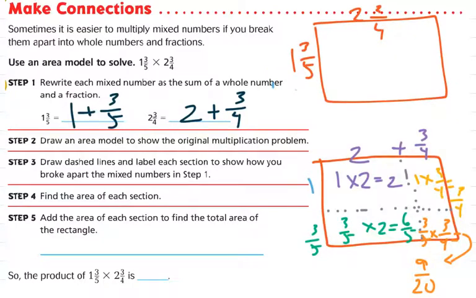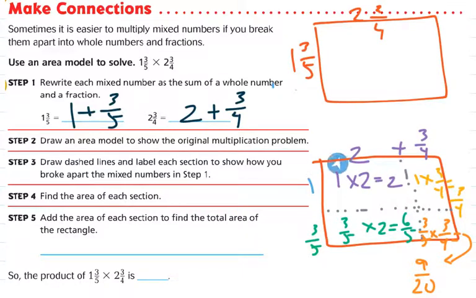Okay, boys and girls, I drew this again just so it's a little bit easier to see. So it says draw the area model to show the original multiplication problem. The original multiplication is hard here because we see that it's 2 3/4 times 1 3/5. But what we did was we drew dashed lines and labeled each section to show how you broke apart the mixed numbers, to basically put the whole numbers with the whole numbers.